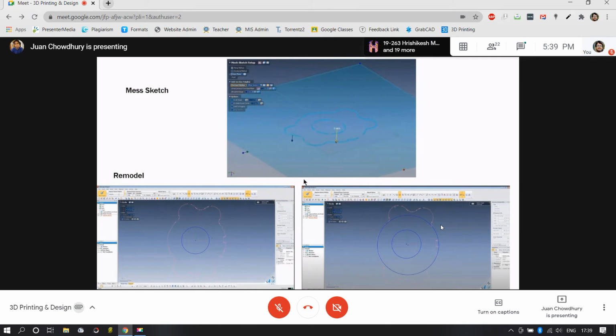So as you can see over here, it had a central hole. Okay, there was a hole in between the object. So if you click on a circle, it straight away describes the circle without you needing to specify the diameter of it. It has prompted by default. Then again, if you try to select a circle, just like SolidWorks, there's a circle option over here.